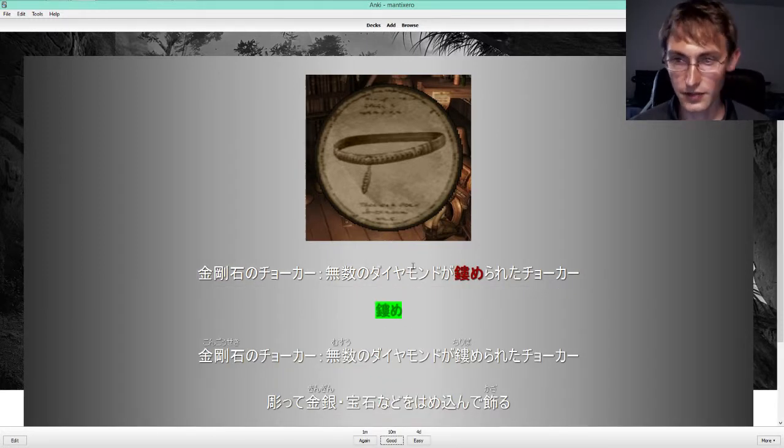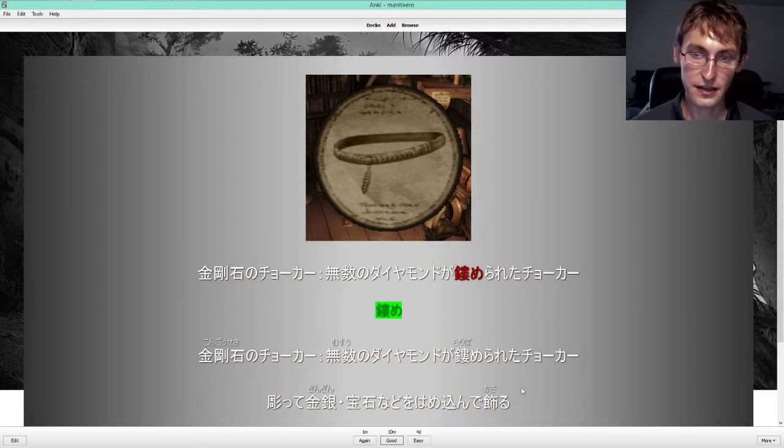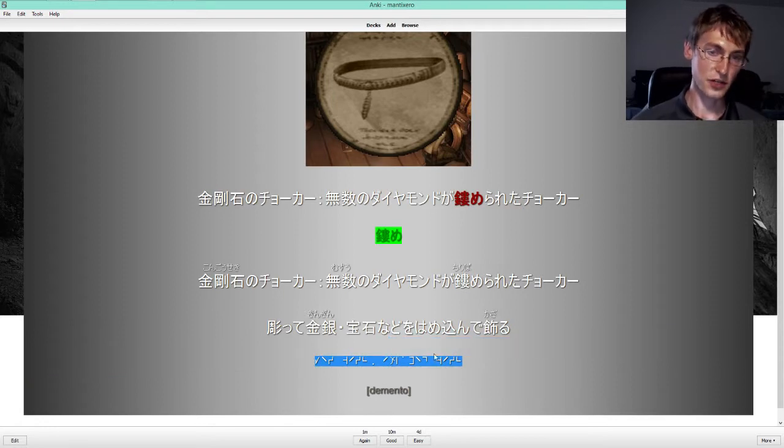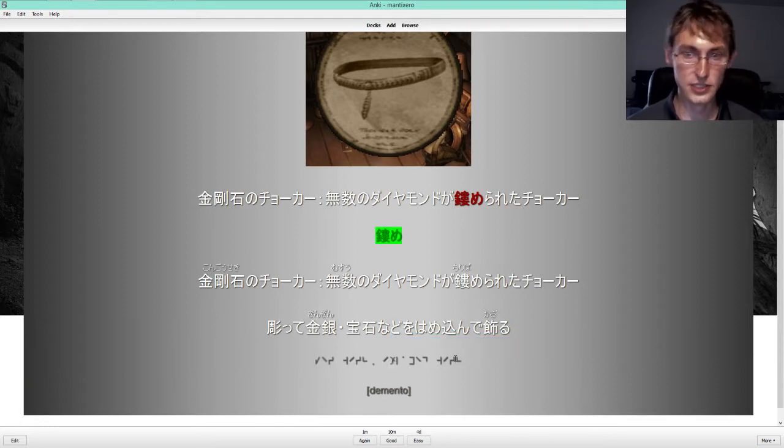Yes, chiri bameru. So it's a good thing the game used the other kanji that wasn't this one, because that's kind of how I remembered it. And then down here it gives the English definition that would have shown up had I clicked on the English hint, and again it's in a special font that probably only I can read.